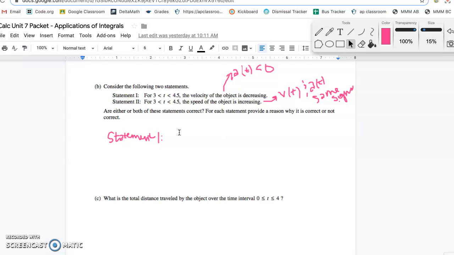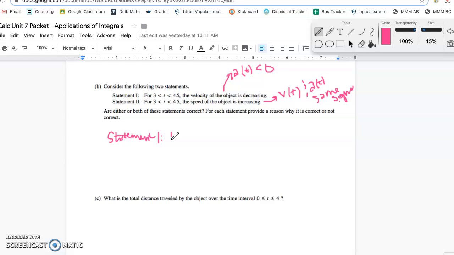When we look at statement 1 in the calculator, we see that our acceleration, the derivative of velocity, is negative for the whole time, which means acceleration is always less than 0. So the velocity of the object is decreasing.